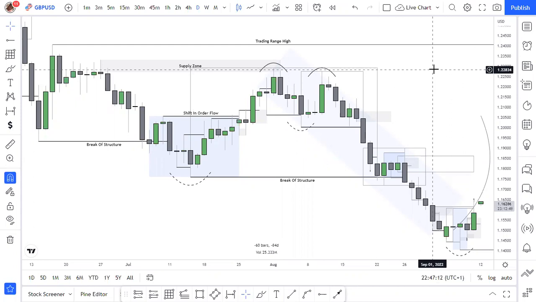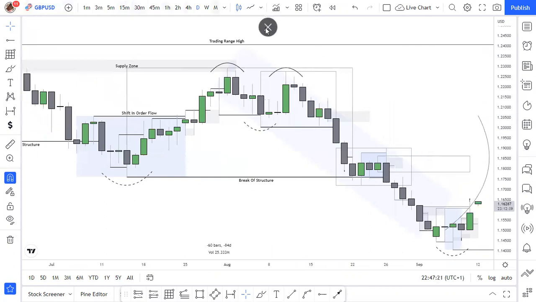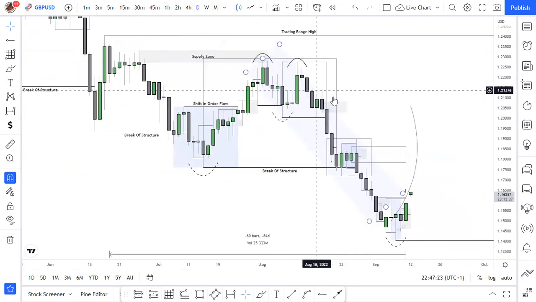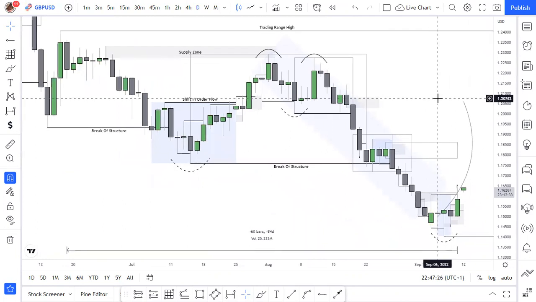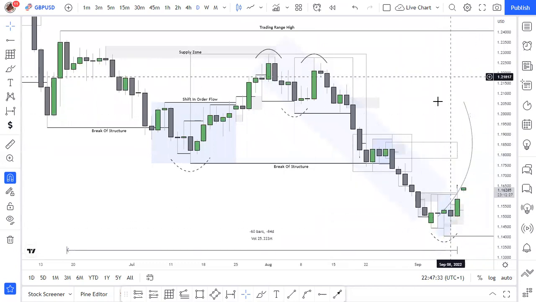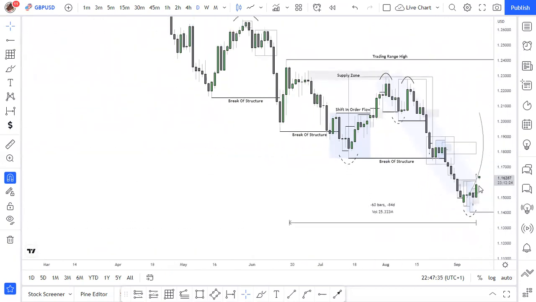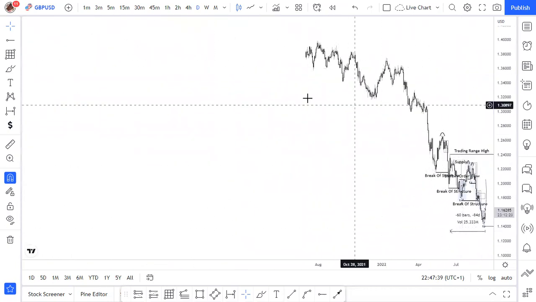Today I'll be doing another market outlook video. Starting off with GBP/USD, this is the daily chart, daily time frame. From the outlook I gave last week, we talked about getting some kind of bullish pullback, because we know that the structure on the daily time frame is bearish.